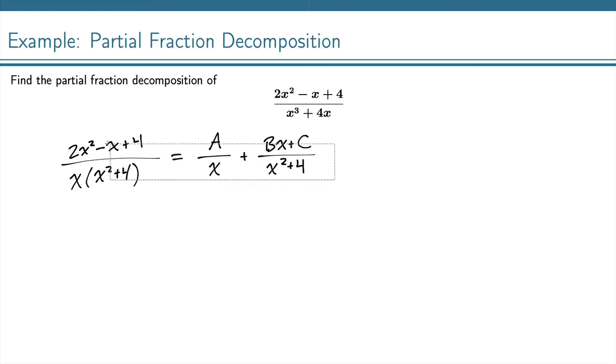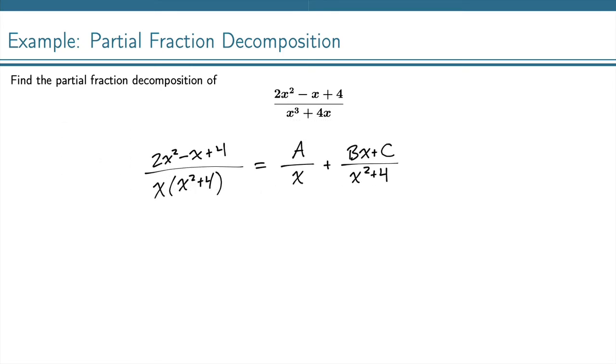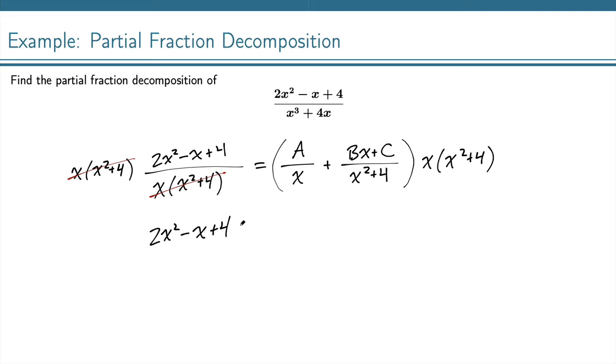And now we're ready to multiply both sides by the denominator here, x times x squared plus 4. And of course, on the left side of the equation, that should always do the same thing for us. We should always be able to cancel that out completely, and we're left with our 2x squared minus x plus 4.